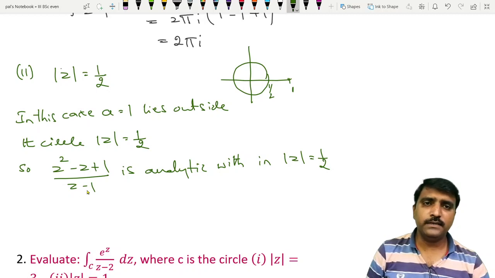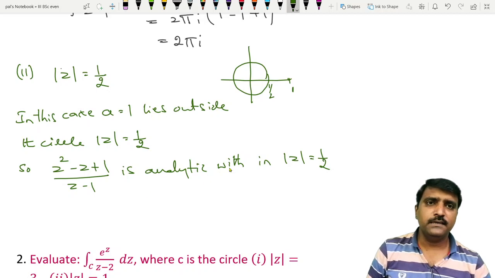at z = 1 it is not analytic, and that is a point that lies outside the circle. If you take this as a single function, then the complete function is analytic in the region. So according to Cauchy's integral theorem, this z = a is a point that lies outside that region, so you treat this complete function as f(z), and the integration of f(z) over C is equal to 0.